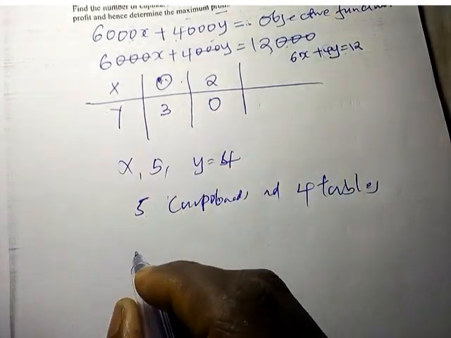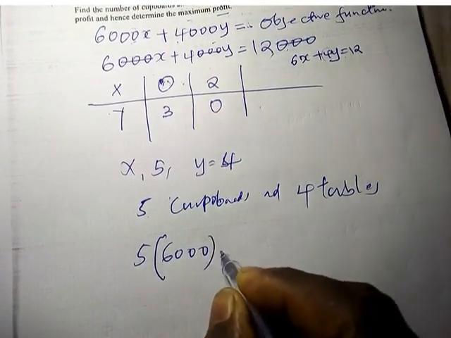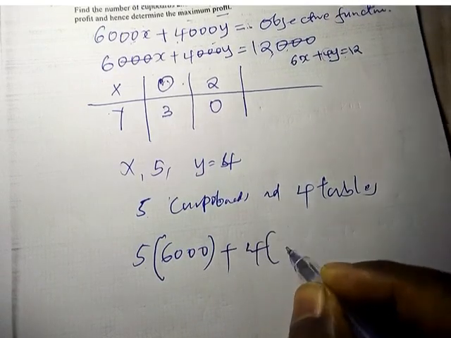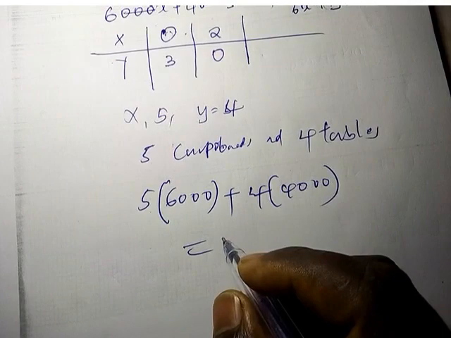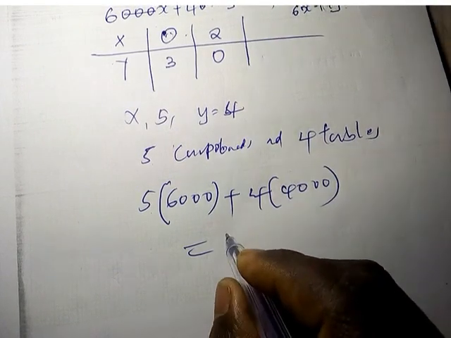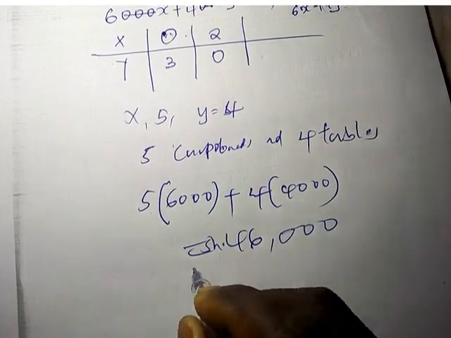Then the maximum is going to be 5 times 6,000 plus 4 times 4,000. And that will give us 46,000 shillings. That is the maximum.